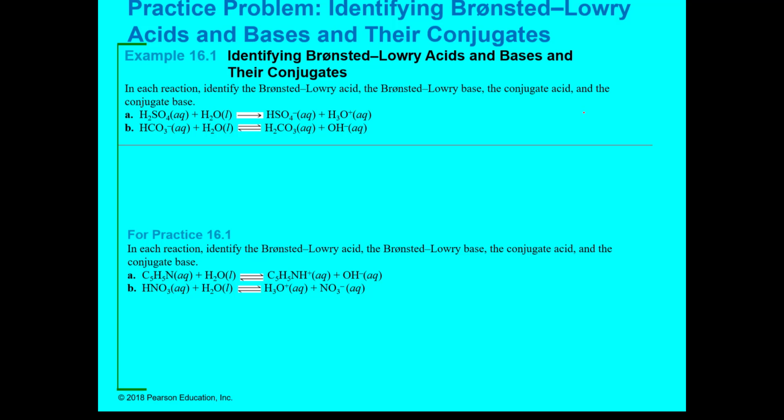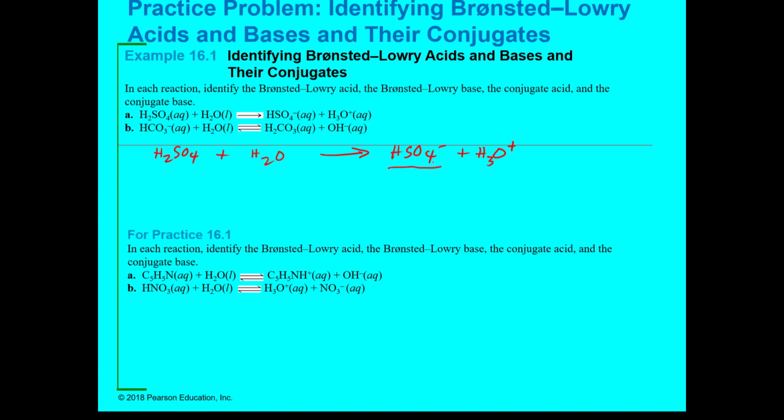So when I'm looking over here, I've got H2SO4 plus water. Notice that it's got one arrow because it's going to go to completion, giving HSO4 minus and H3O plus, because this is a strong acid, and that strong acid is going to completely ionize. What happened to H2SO4?